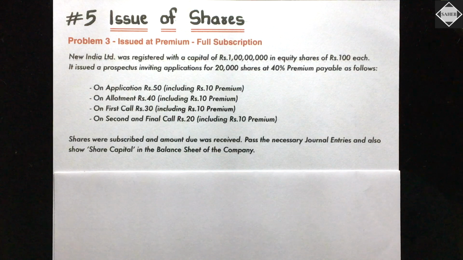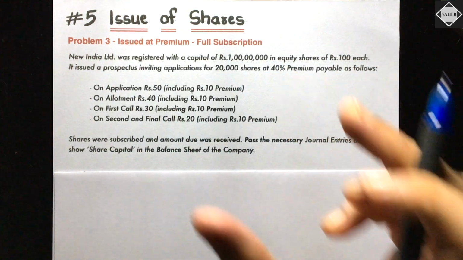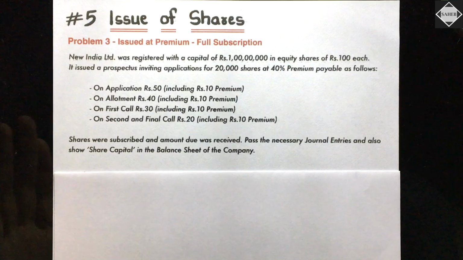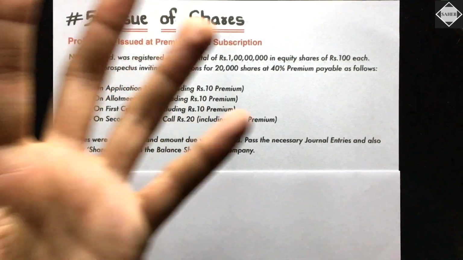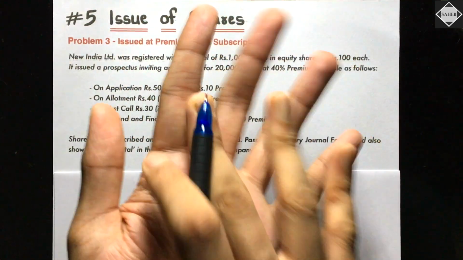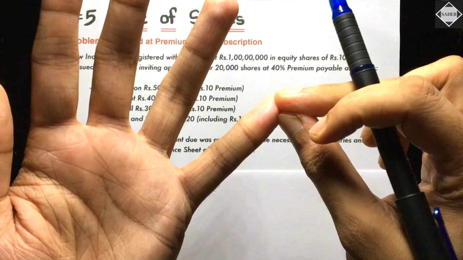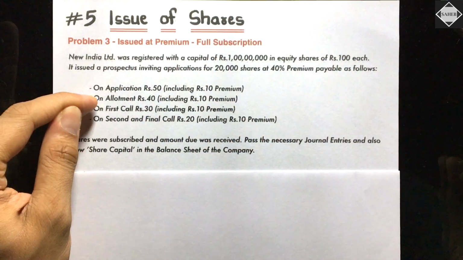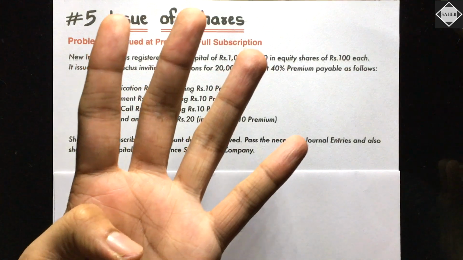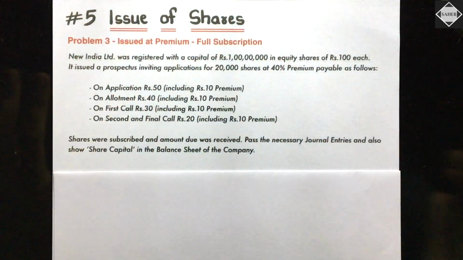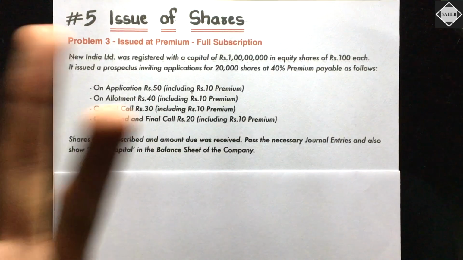Okay. And we have asked this 140 rupees per share in 4 installments. On application, we are asking 50 rupees. In that 50 rupees, they are saying, see in the bracket, rupees 10 is premium. Then on allotment, we want 40 rupees. In that 40 rupees, 10 rupees is premium. Then on first call, 30 rupees they want.